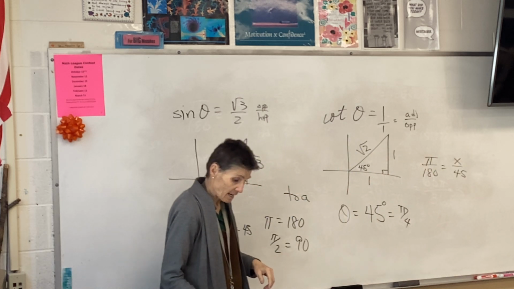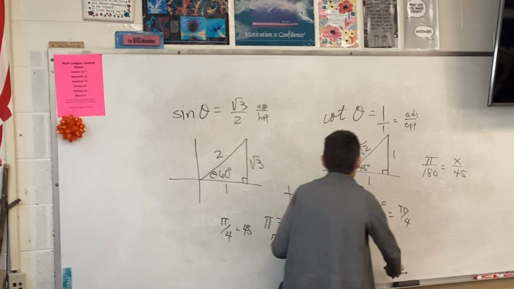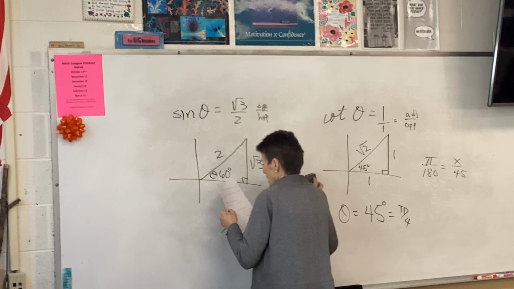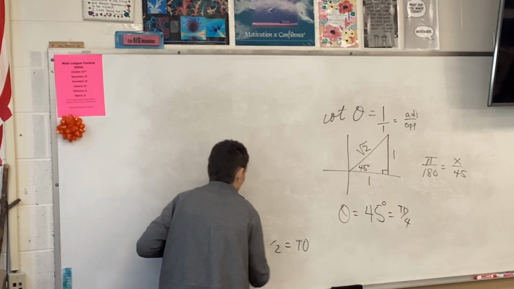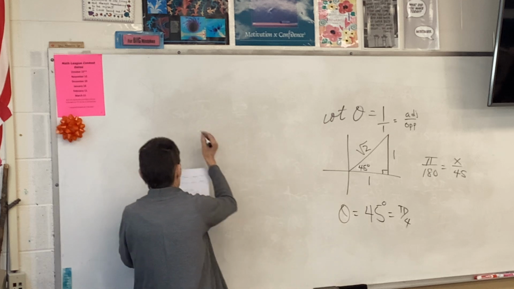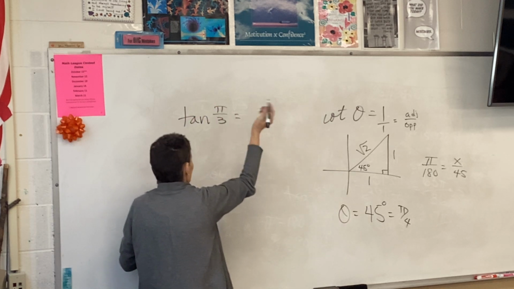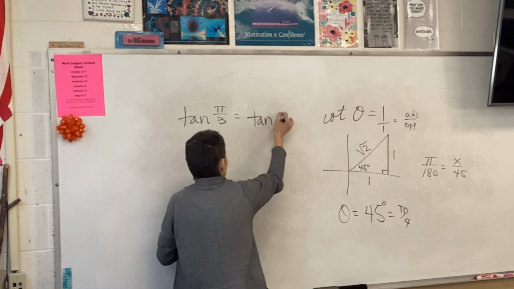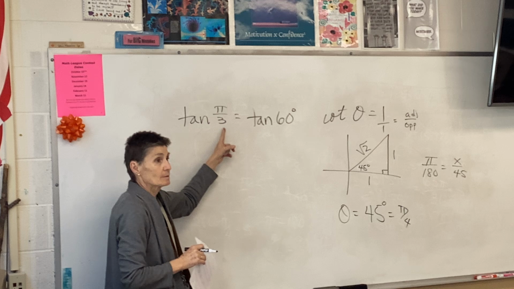All right, what's next? Number 11. Find the exact tangent of pi over 3. Oh, 60 degrees. Okay, so somebody has said that 60 degrees, 180 divided by 3.